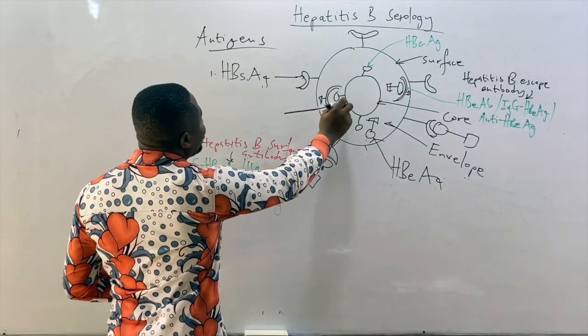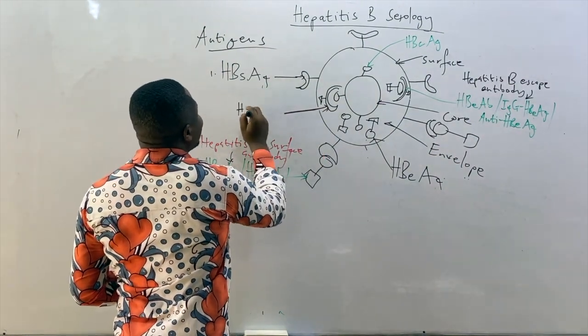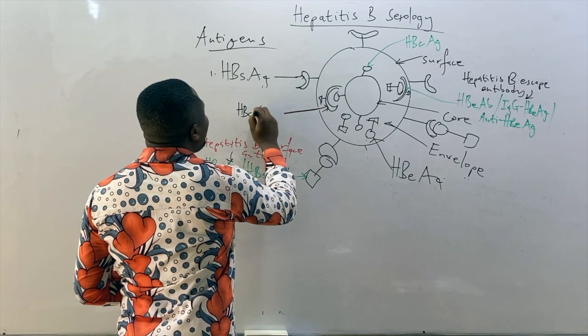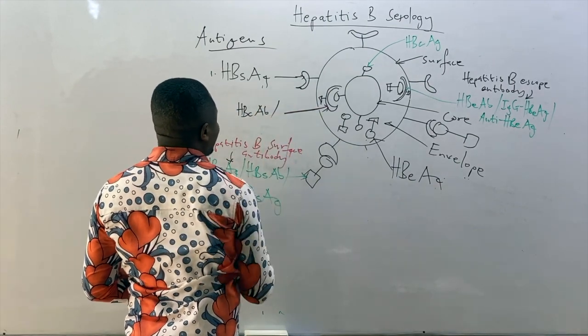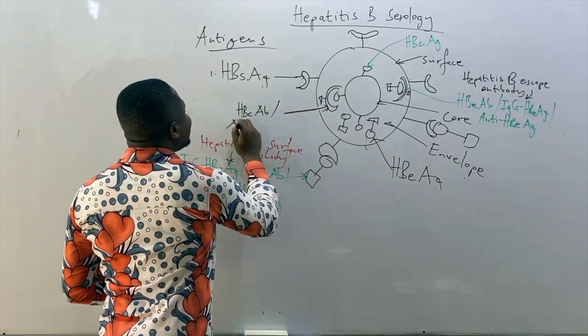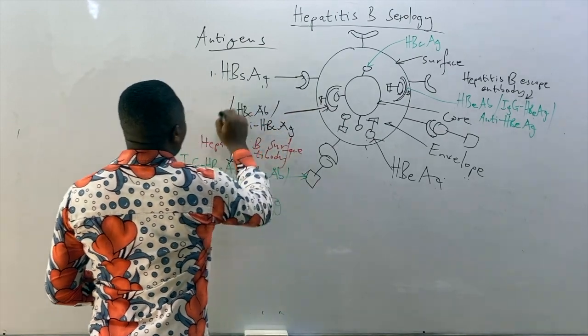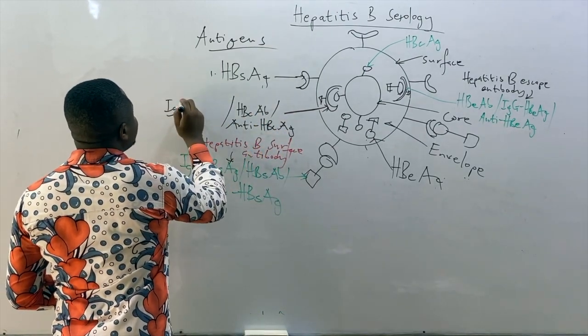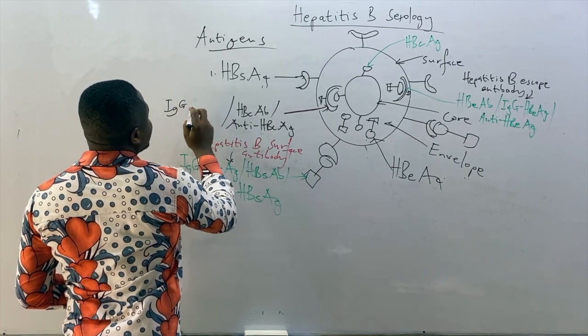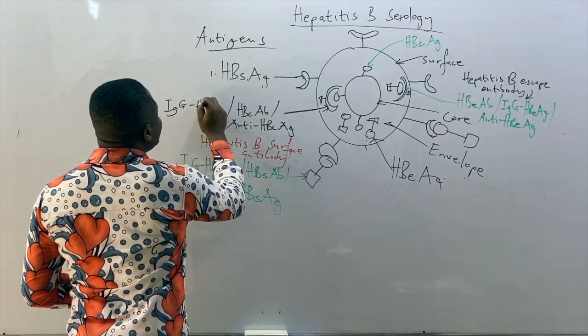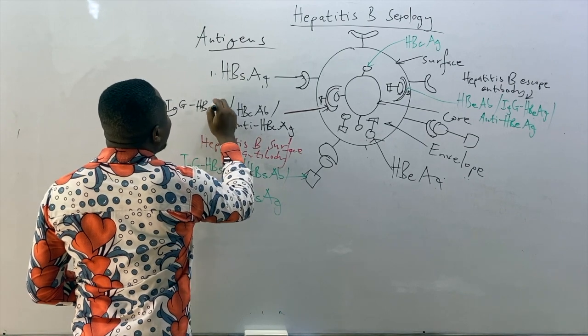So if it's working against the core antigen, then we can refer to it as what? Hepatitis B core antibody. Or, as we normally say, anti-hepatitis B core antigen, or immunoglobulin G against hepatitis B core antibody.